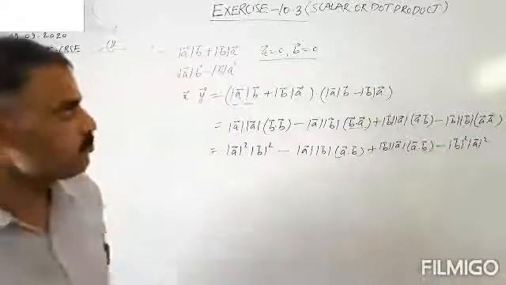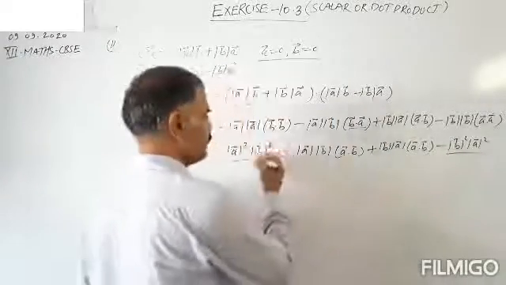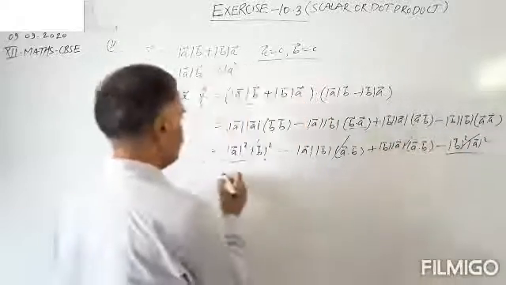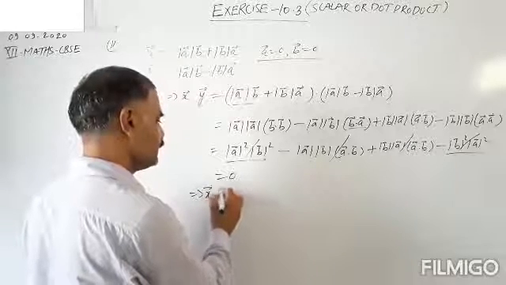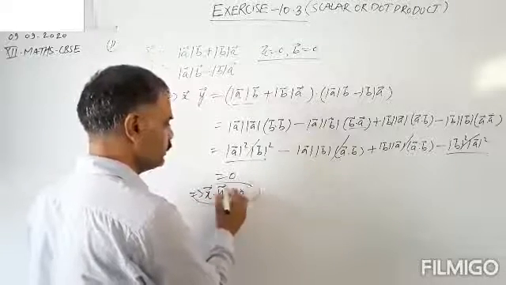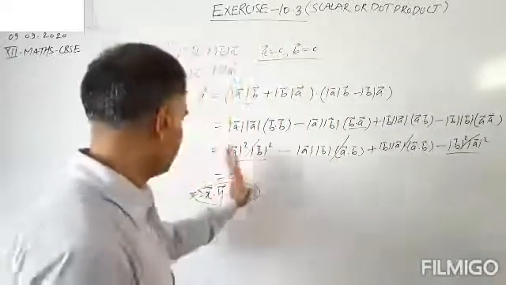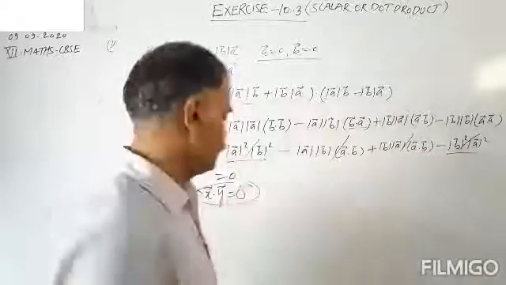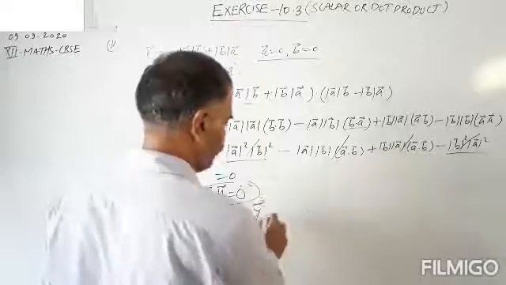Okay. Now this is equal to this, so they cancel each other. This will cancel this and this will cancel this. So finally this is equal to 0, means x vector dot y vector is equal to, sorry, not zero vector but equal to 0, as it is a scalar quantity. This implies that x vector is perpendicular to y vector.